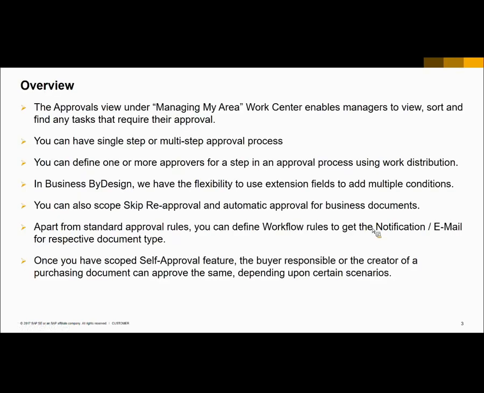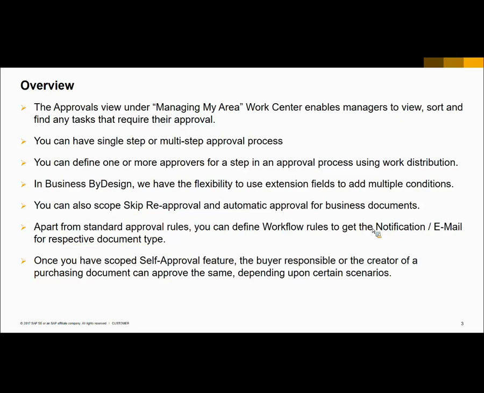So going forward, I would like to give the overview of the approval process basically in industries. Coming to the Business ByDesign product, you're all aware that the approvals will be done under the Managing My Work Center. Managing My Work Center enables the respective approvers to approve the tasks for the respective business documents. The flexibility we provided in the approval process is that you can scope the single-step approval or the multi-step approval process.